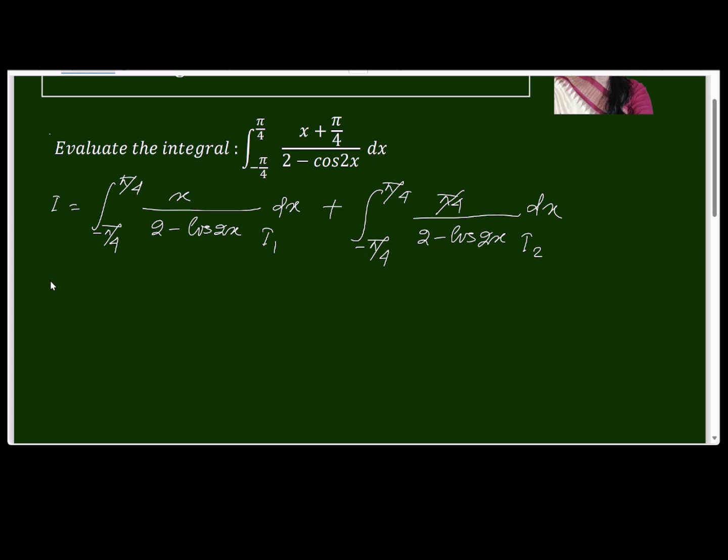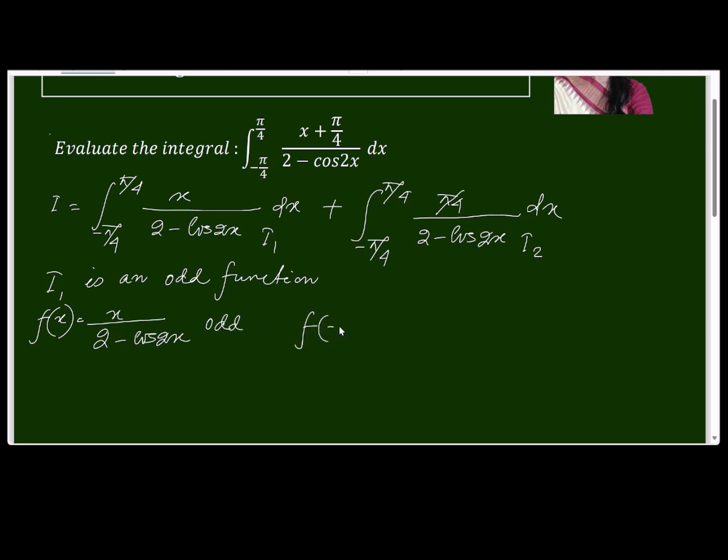So the first integral I am naming I1, this is I2. See, when integrating I1, it is an odd function. x over 2 minus cos 2x is odd. Why?